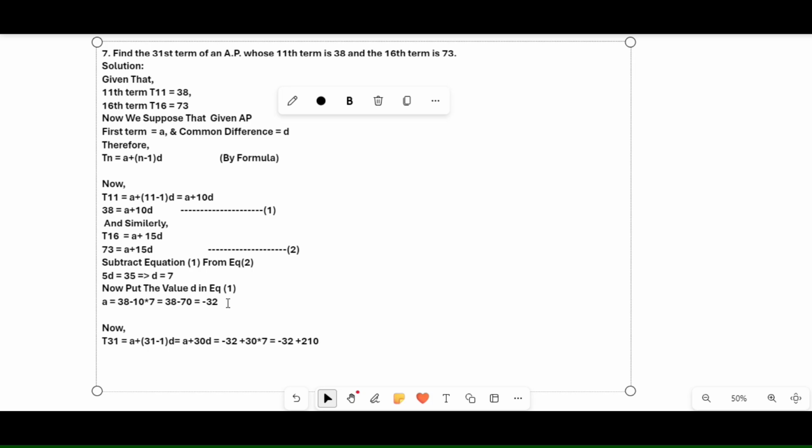It will be 178. So T31 is equal to 178. Hence the 31st term of the given AP is 178.